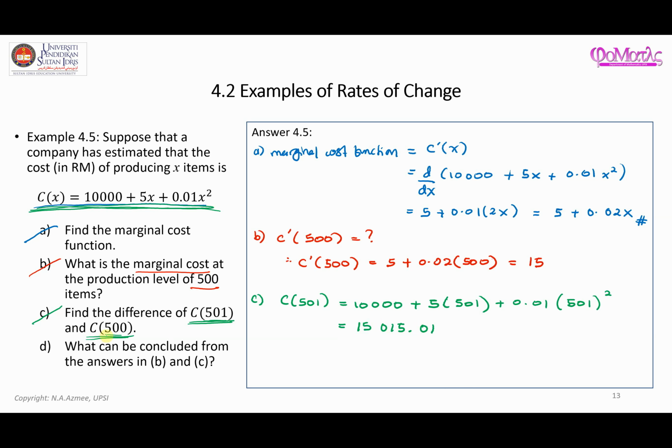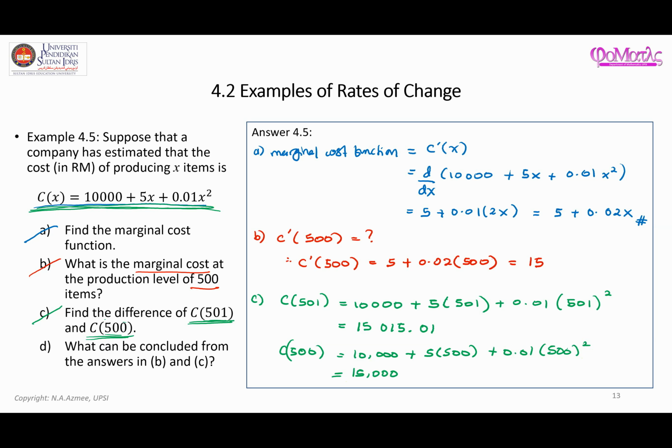Okay, so next, what is the value of C(500)? So C(500) will be 10,000 plus 5 times 500 plus 0.01 times 500 squared, and if you punch it in the calculator, that will be just 15,000.